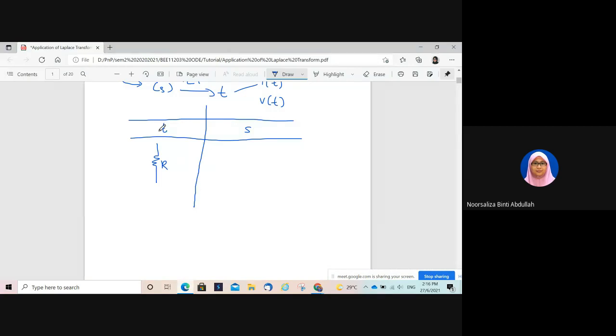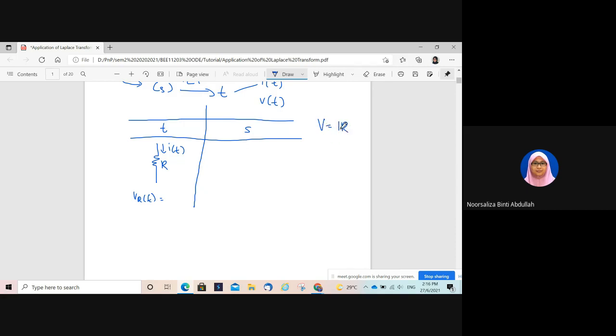Okay. So you have a circuit in time domain. So this one is v_R(t). So what is v_R(t)? v_R(t) equals, here you have i(t), right? Ohm's law is V equals IR.